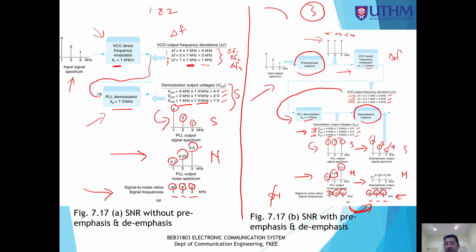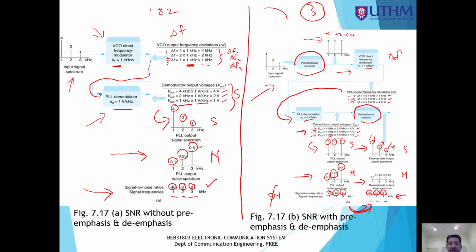The key point here is that we want to compare the SNR in question number 3 and question number 2. Previously we got SNR equal to 40, 8, and 2.